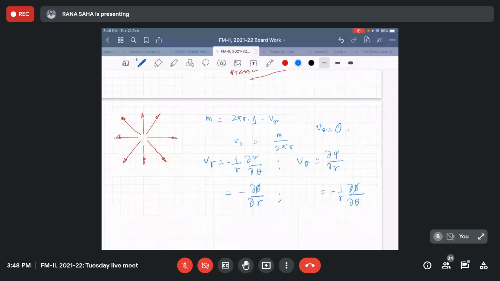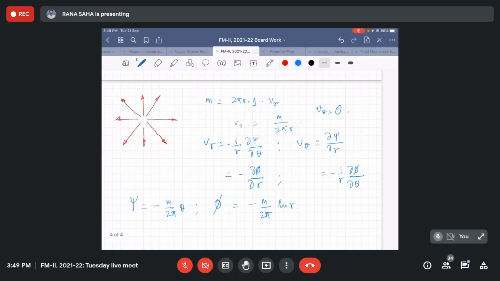Okay, so here you can get the expression of stream function psi as minus m by 2 pi theta, and the velocity potential as minus m by 2 pi log R. And this is actually resulting in the streamlines which are being shown here.